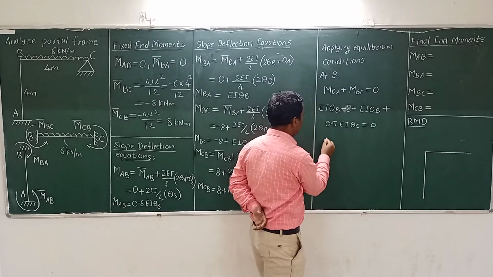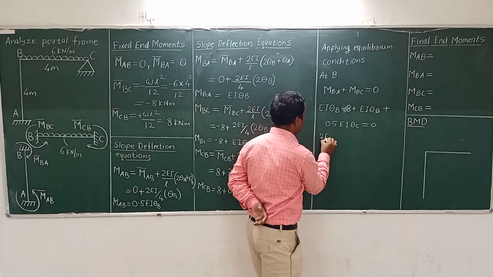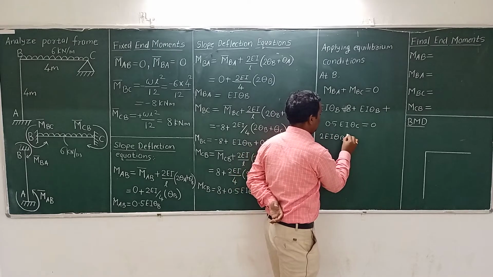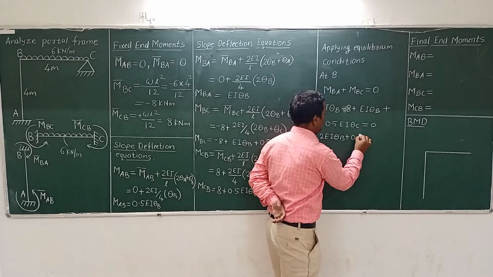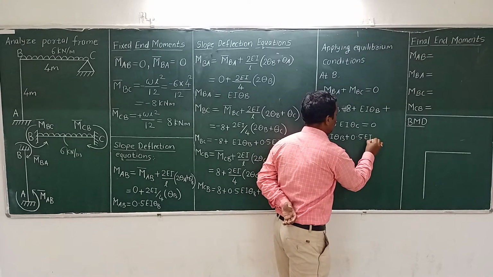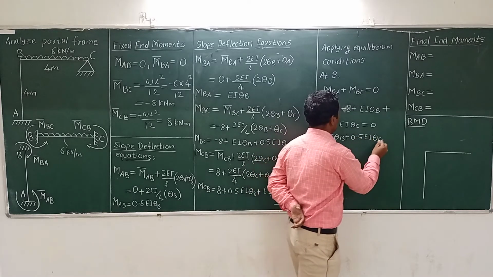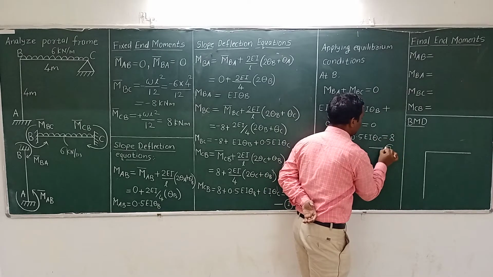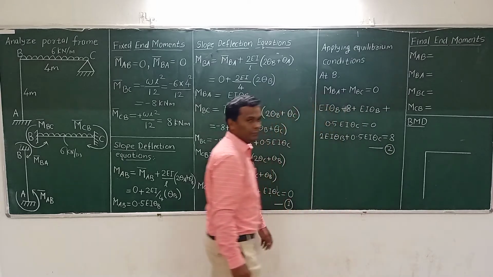So just simplify this equation. Here we have twice EI theta B plus 0.5 EI theta C is equal to 8. So let us say equation number 2.